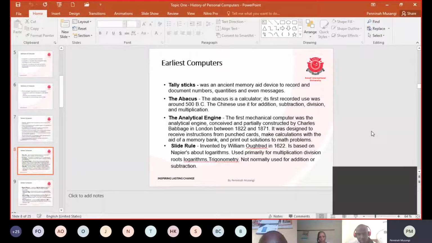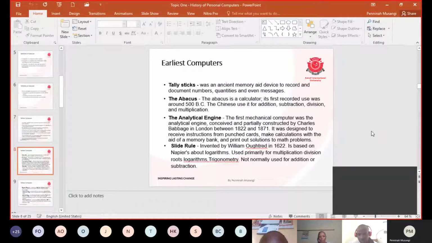We also have the analytical engine, which was the first mechanical computer. The first two were so much manual, but the analytical engine brought in the first mechanical computer. It was developed by Charles Babbage, and it was designed to receive instructions.